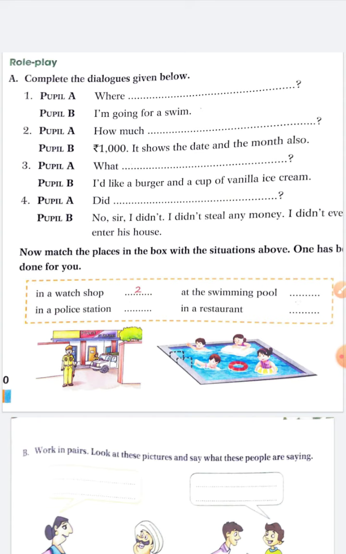Now, related exercise says, in a watch shop, which sentence do you think is appropriate for a watch shop? Number 1, where are you going? I'm going for a swim. No. How much does this watch cost? Ye fit hai na? This happens in a watch shop? Yes. So, ye second hai.